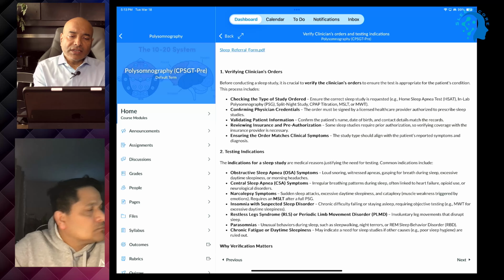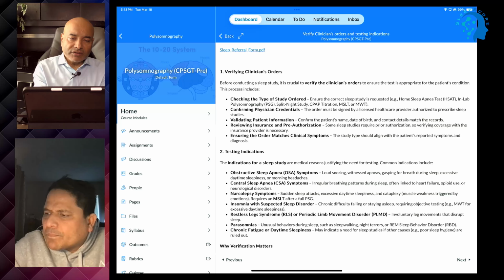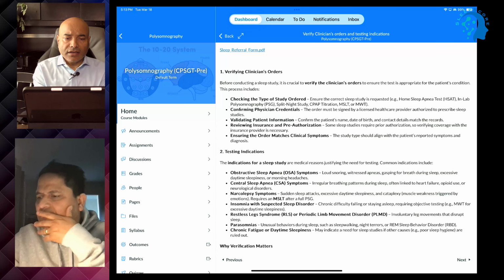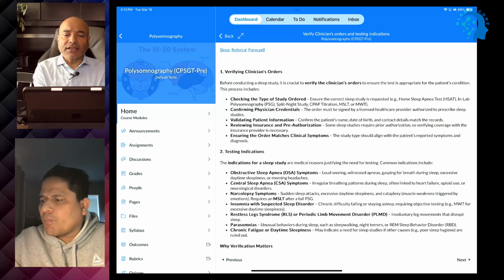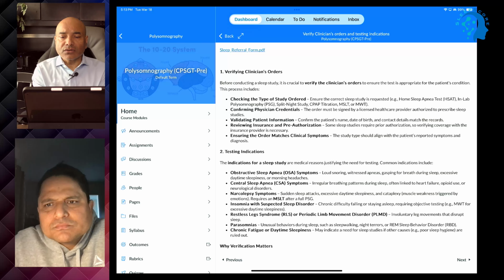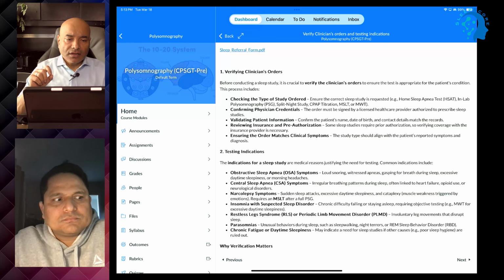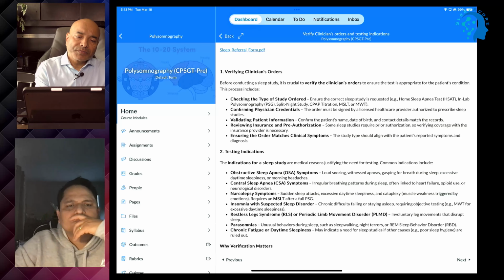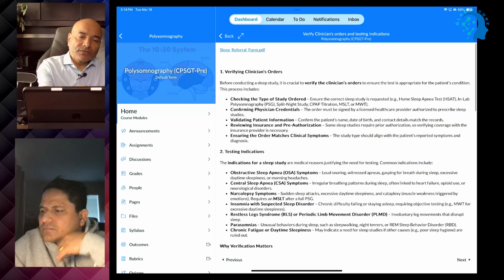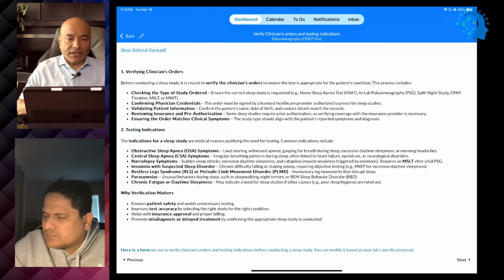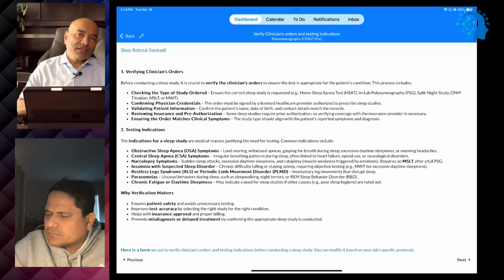If we read, it says, before conducting a sleep study, it is crucial to verify the clinician's order to ensure the test is appropriate for the patient's condition, and this process includes, number 1, checking the type of sleep study. What kind of sleep study is ordered?